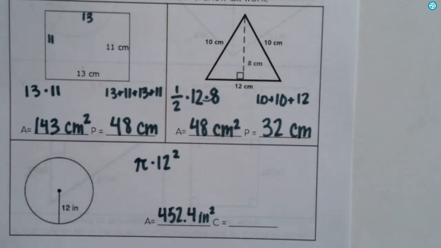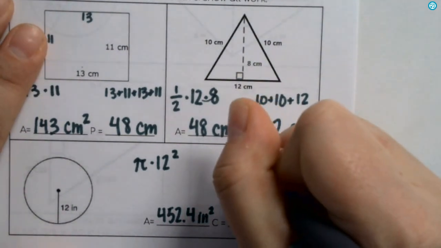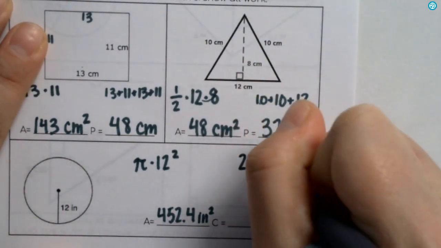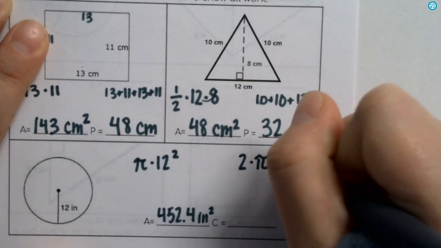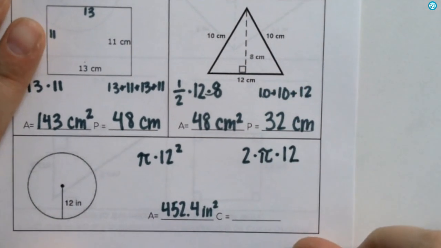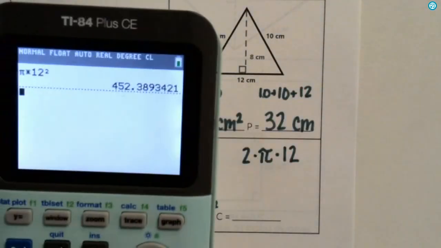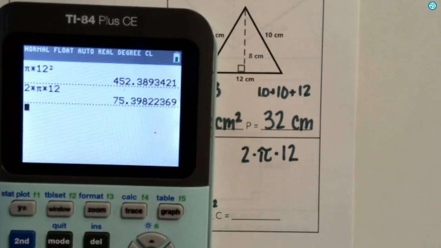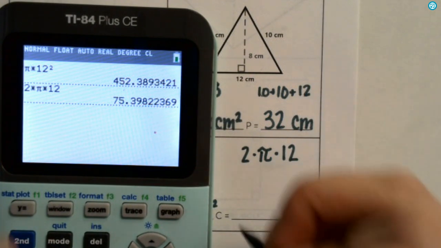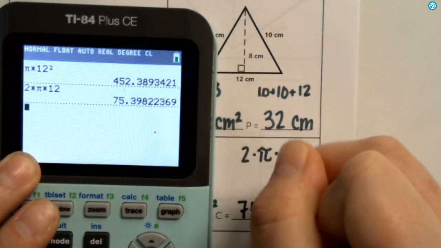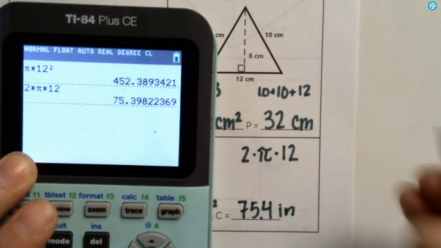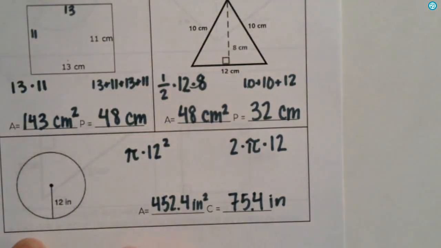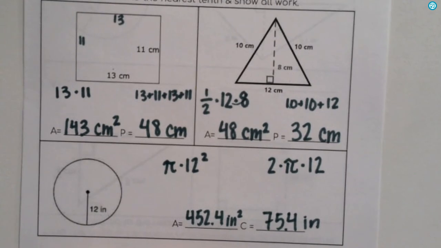And then circumference is 2 times pi times r. So that's going to be 2 times pi, and then the only thing I need to plug in is my r, so that's 12. So 2 times pi times 12 is 75.4. Okay. And then again, circumference is just another name for the perimeter of a circle.